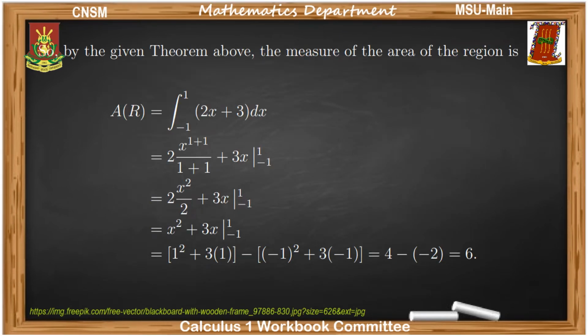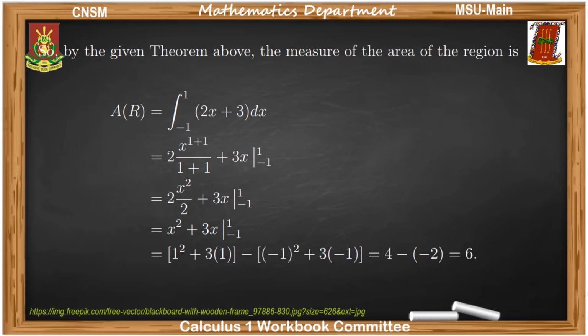So by the given theorem above, the measure of the area of the region, A of R, is equal to the integral of 2x plus 3 from negative 1 to 1 with respect to x.